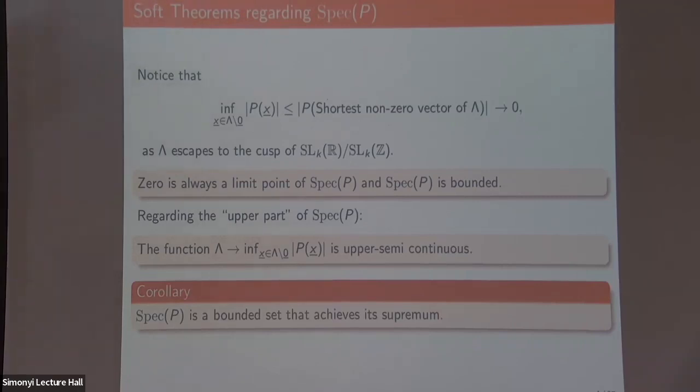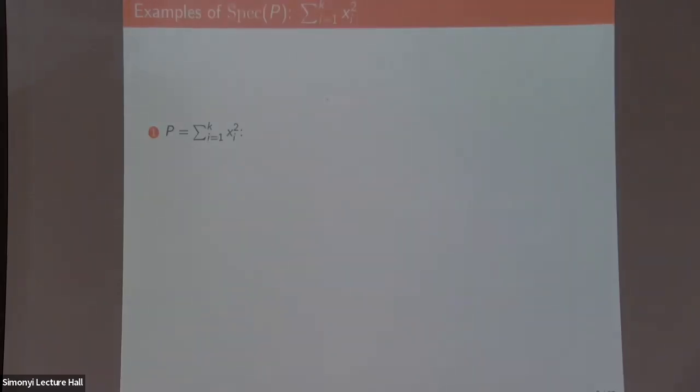like, what the spectrum is in various cases. So let's start with the simplest in structure, at least, example, which is the sum of squares. So if P is the sum of squares, what we're looking at is literally the square of the shortest vector.